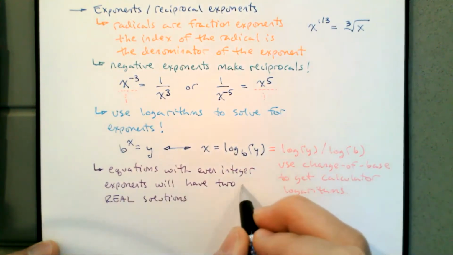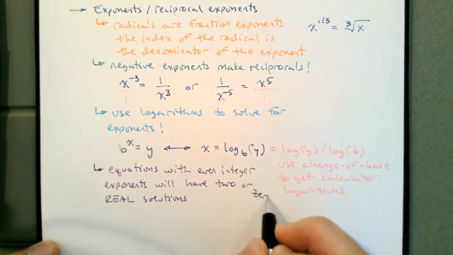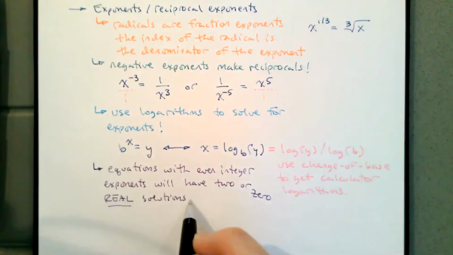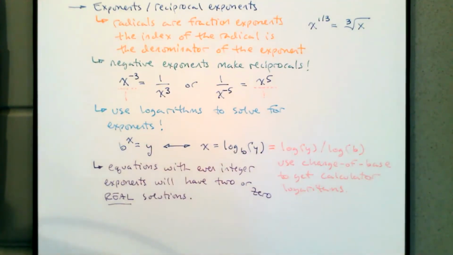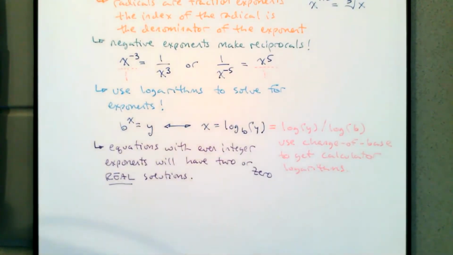Oh, two or zero real solutions. Equations with even integer exponents will have two or zero real solutions.